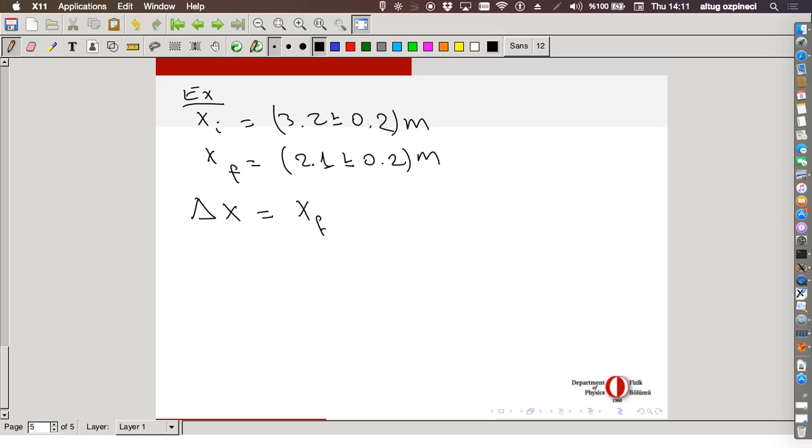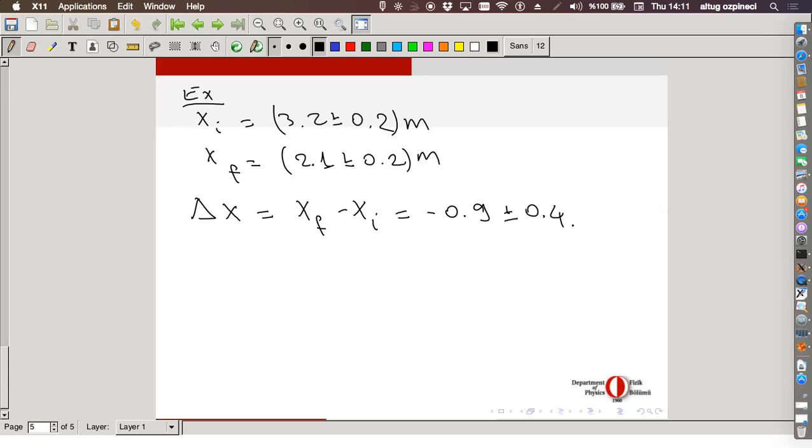It is x final minus x initial, which is, okay, 1.1 minus 0.9 plus minus 0.4.